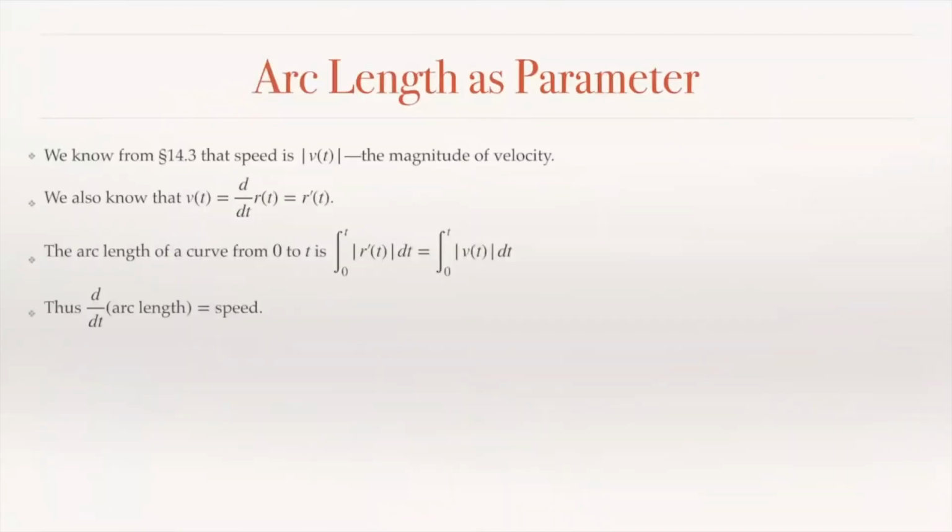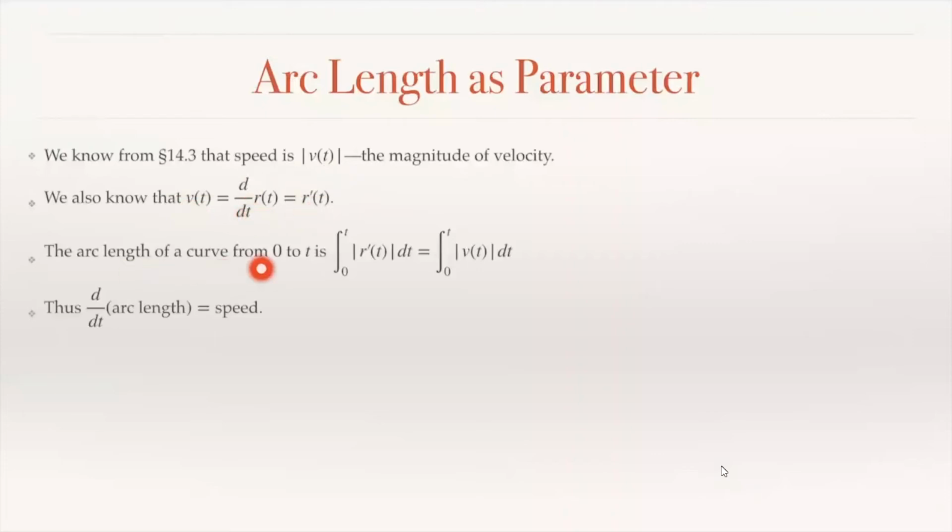Now, we frequently want to use arc length as the parameter. And before we say exactly what this means, let's go through some reasoning. So we know from 14.3 that the speed is the magnitude of velocity. And we also know that velocity is the derivative of position, r prime.